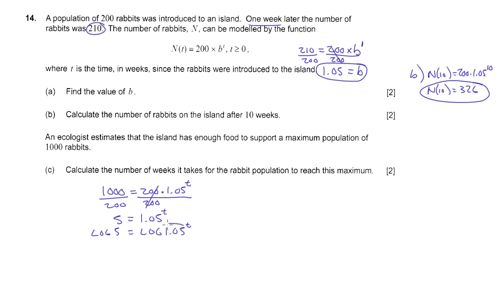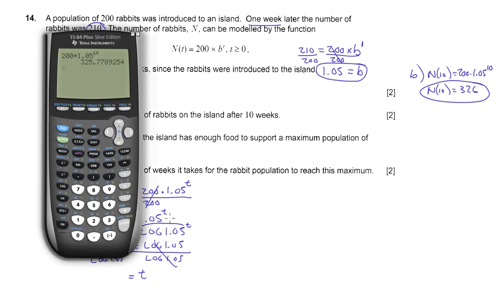And remember, when we take the log, this exponent now comes out front. So it's log 5 equals t log 1.05, right? We've got to get t by itself, so we divide by log 1.05. And t, the time, is just going to be log 5 divided by log 1.05.